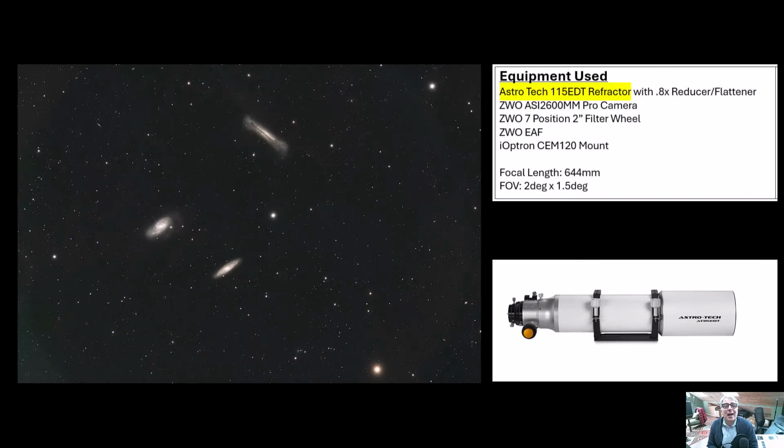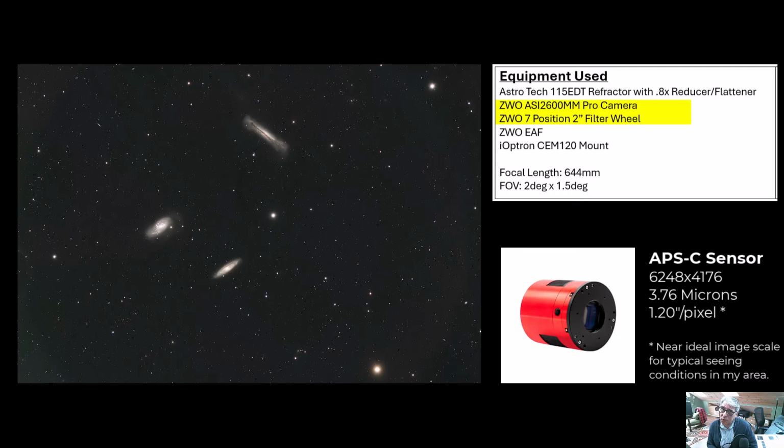Okay, so I used my Astro-Tech 115 EDT refractor telescope to capture this image, and I think it happens to be the perfect focal length for the story that I wanted to tell here, that focal length being, of course, 644 millimeters after the 0.8 reducer field flattener. You'll be using that with this telescope for most of your imaging, and I happen to pair this telescope with my ZWO ASI2600 Pro monochrome camera.